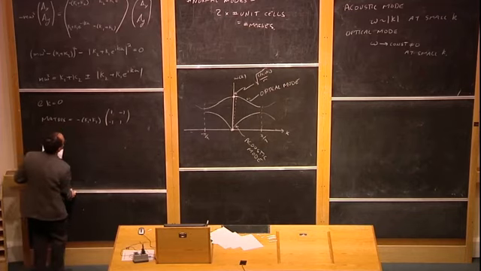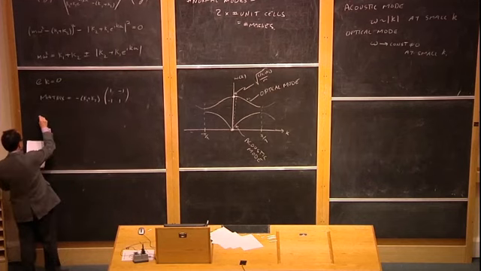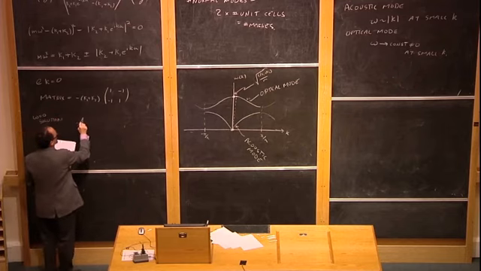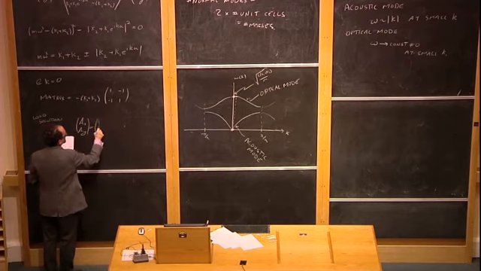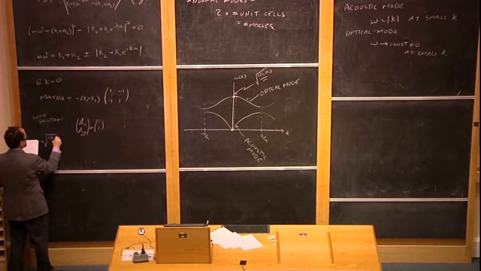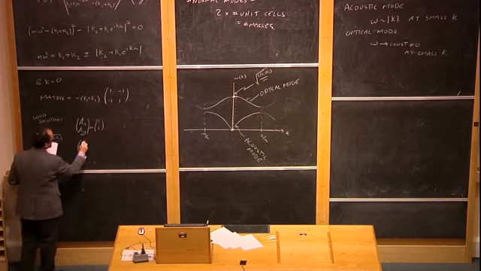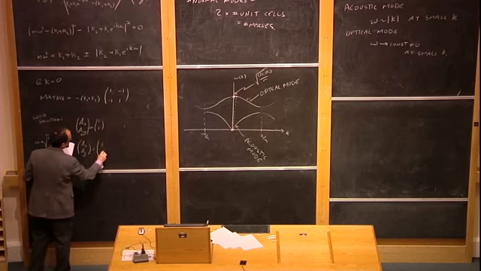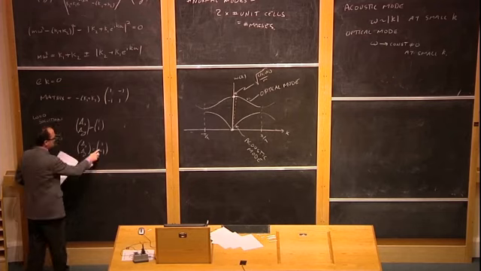So we have two possible eigenvectors. One is for the omega equals 0 solution. We have an eigenvector ax, ay equals 1, 1. Whereas for the optical mode solution, the other eigenvector, the high frequency eigenvector, we have ax, ay equals 1, minus 1. So what is this telling us?